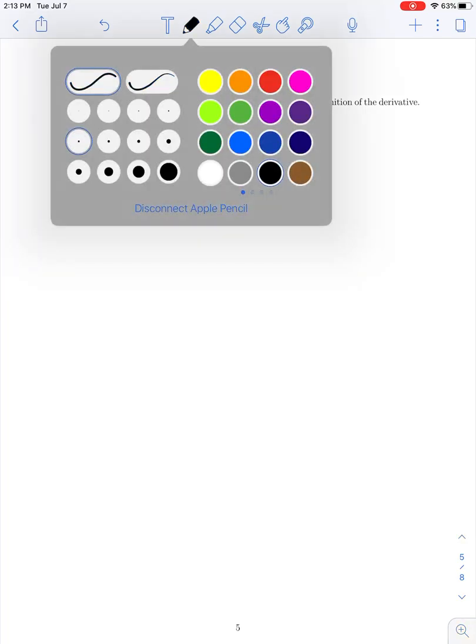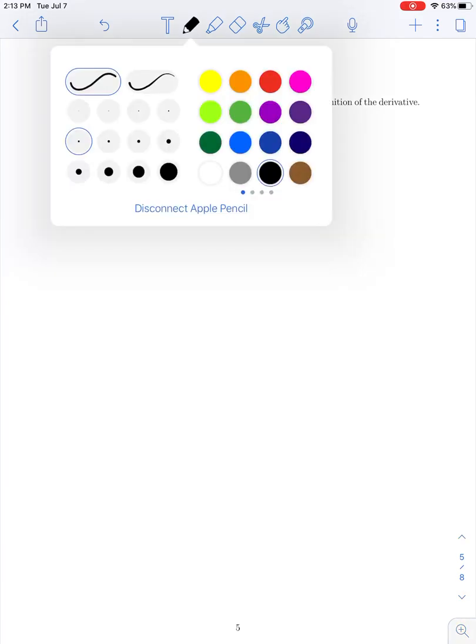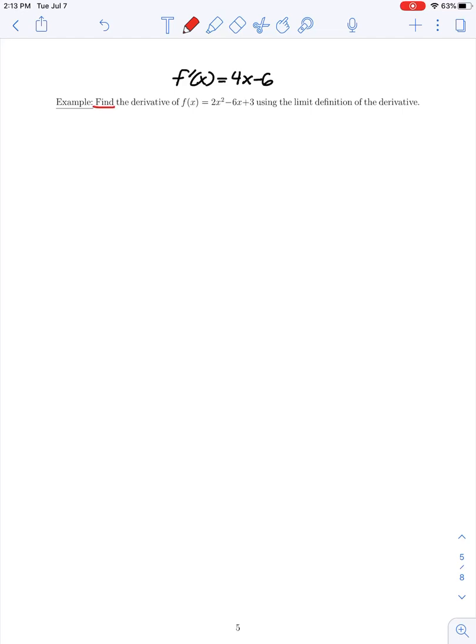Now again, if you've taken calculus before, you might recognize that f prime of x is 4x minus 6 immediately. But here, in the problem statement, we're told that we have to find the derivative using the limit definition of the derivative. So we're not allowed to use some of the rules that we're going to see later in this course.